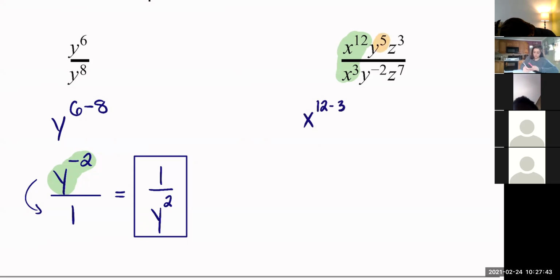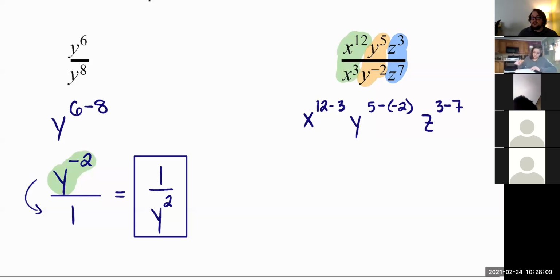Then I have y to the 5th divided by y to the -2nd. So that is y to the power of 5 minus a -2. And then I have z to the 3rd divided by z to the 7th, which gives me z to the 3 minus 7.